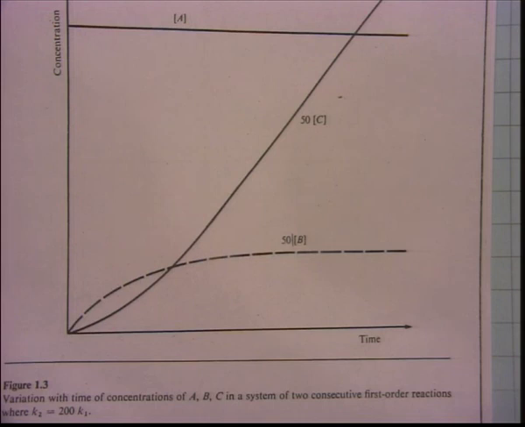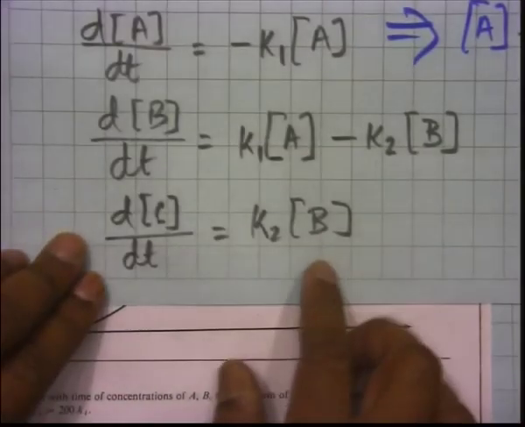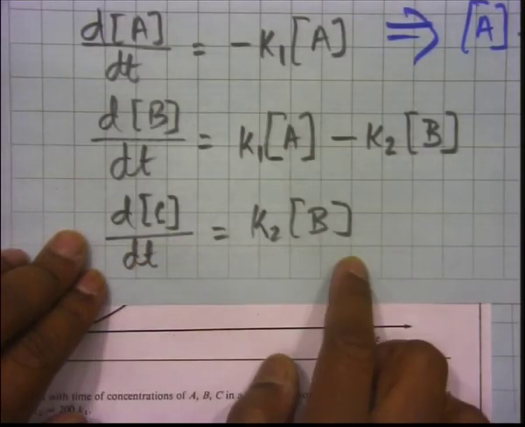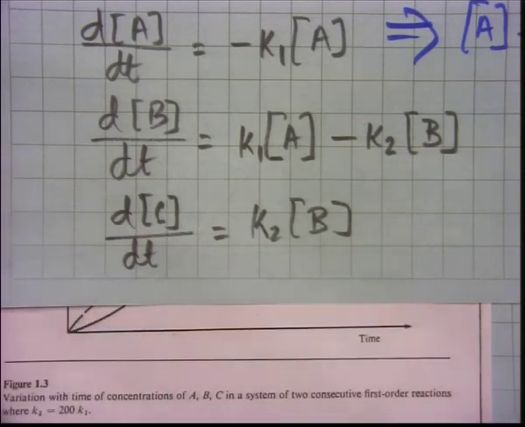Look at the last one: dC/dt is K2 times B, and the concentration of B has become a constant, even though it's a small value.